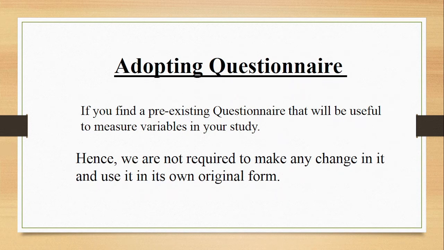If you find a pre-existing questionnaire that will be useful to measure the variables in your study, simply that if you are having a particular type of a questionnaire that can be used in your study and you are not going to make any change in it, will be known as the adopting questionnaire. Hence, we are not required to make any change in it and use it in its original form. That is known as the adopting questionnaire.